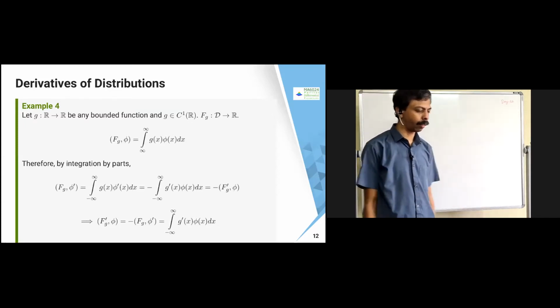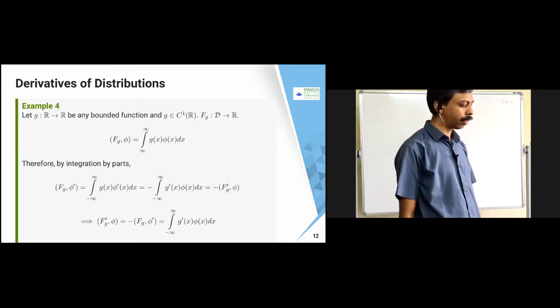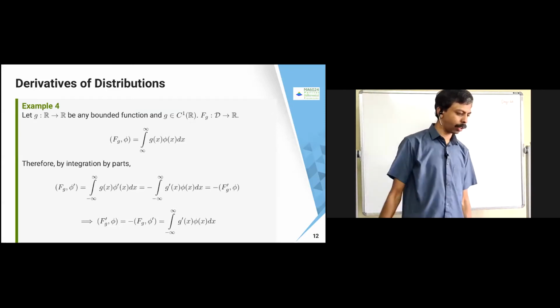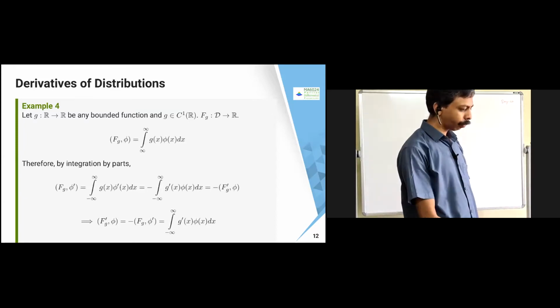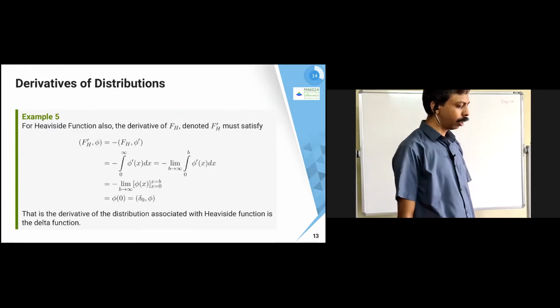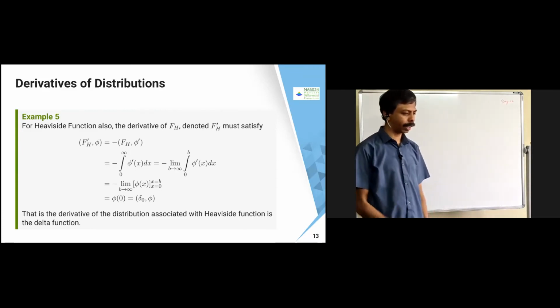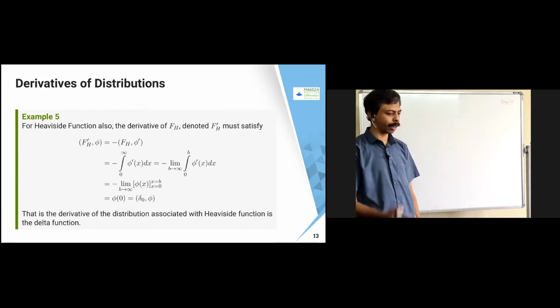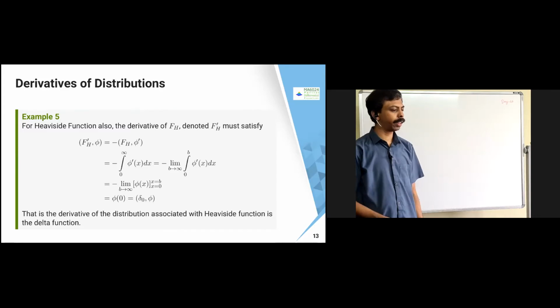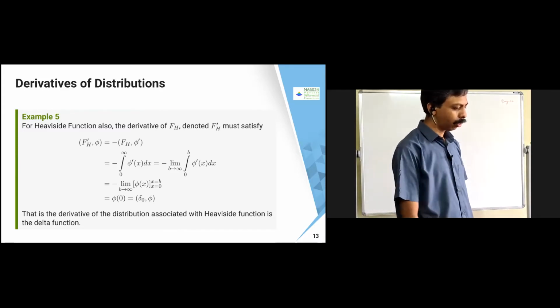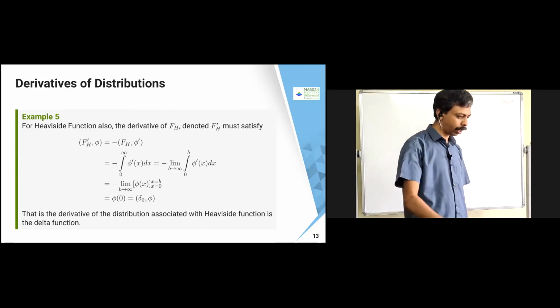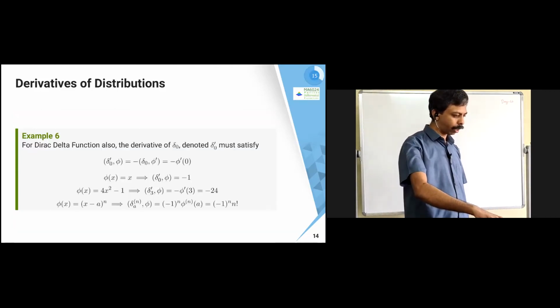Only the vdu term is going to exist, which gives you minus f_g dash comma phi. The same way for the Heaviside function, H dash is going to become delta naught. That is one way to define the Dirac delta function also, because H dash is going to become delta naught.